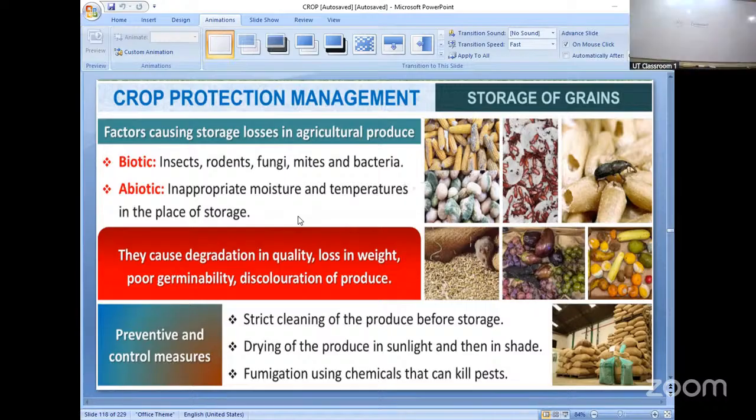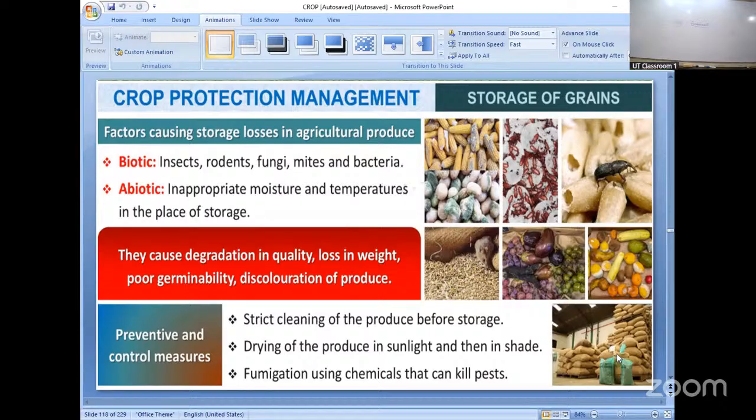Yes, farmers maintain a proper environment for the storage of the grains. The proper temperature required for the storage of the grains should be maintained.